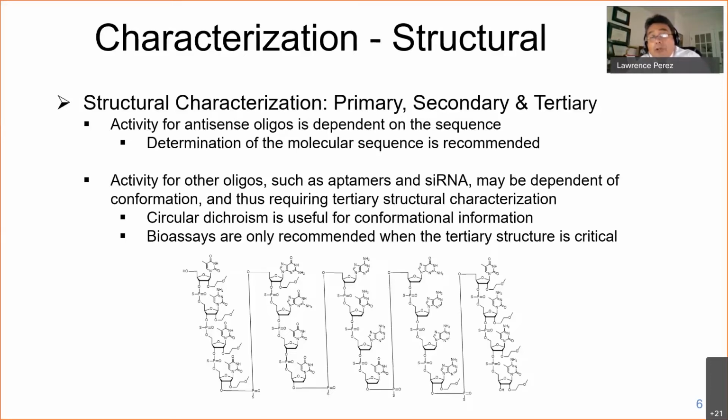For other oligos, such as aptamers, we may need other techniques to confirm the bioactive conformation. For instance, for the double-stranded oligos, circular dichroism data may be more appropriate to confirm that the bioactive conformation can be obtained. For aptamers, you may have to go as far as a bioassay to show that the proper bioactive conformation can be obtained.